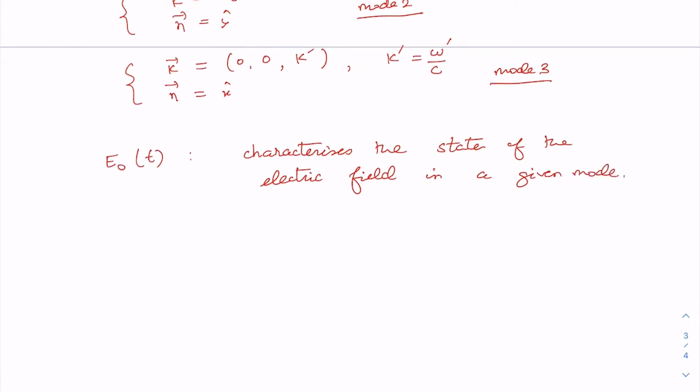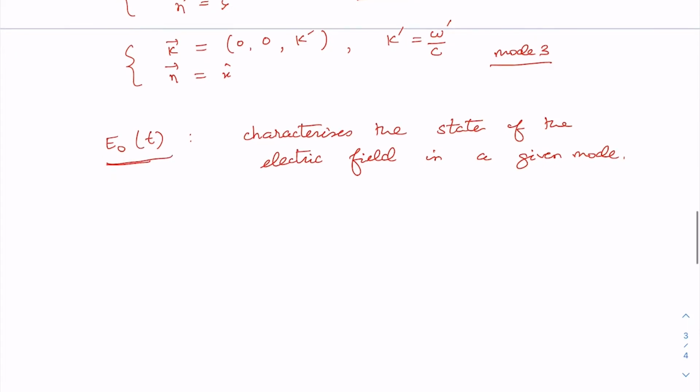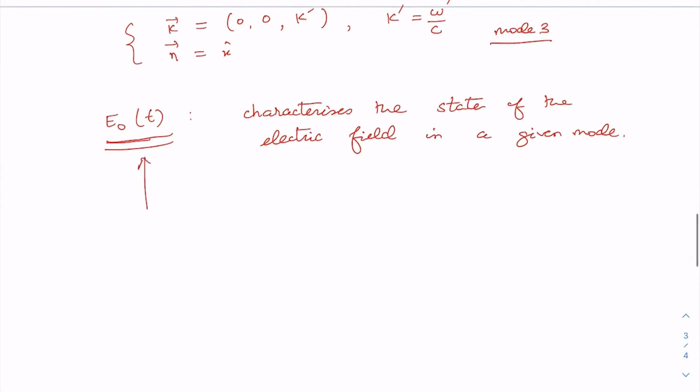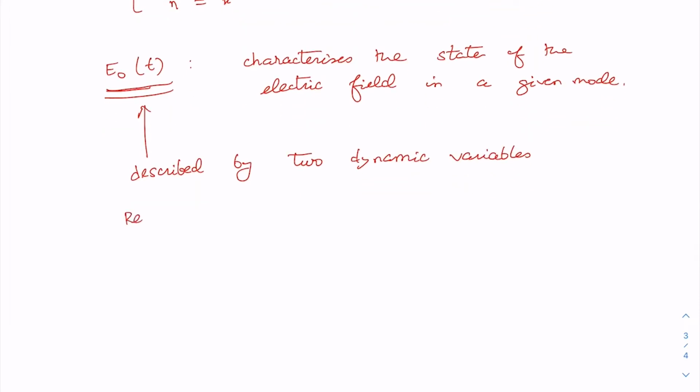Okay, now going further, you see E0(t) is a complex quantity, so it's fully described by two dynamic variables. Dynamic because it has time dependency. These are, say, the real part of the amplitude and the imaginary part of the amplitude.